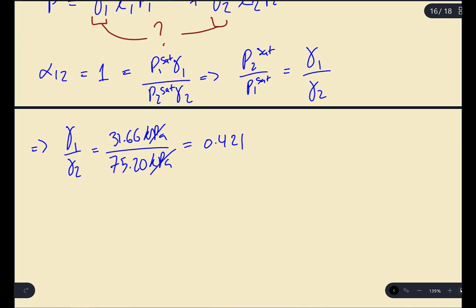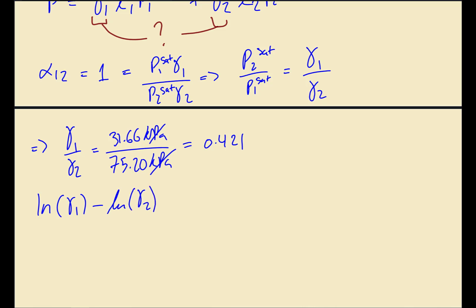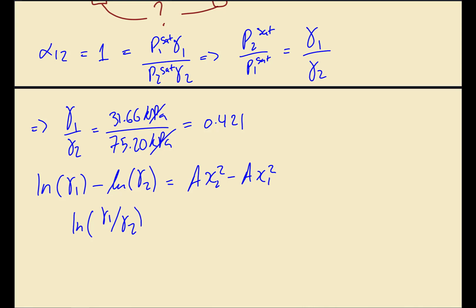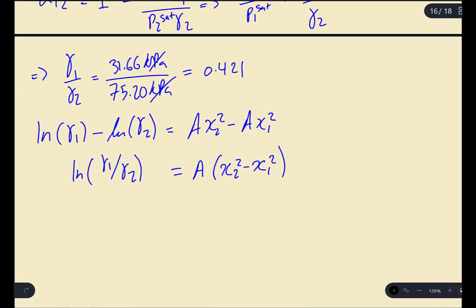All right, so natural log gamma 1 minus natural log gamma 2 equals A x2 squared minus A x1 squared. Then we do some math, and we get A times (x2 squared minus x1 squared). Then we rearrange this.